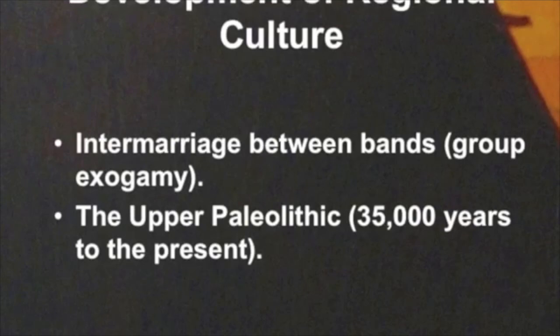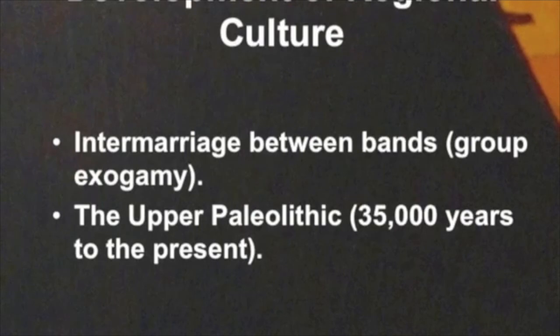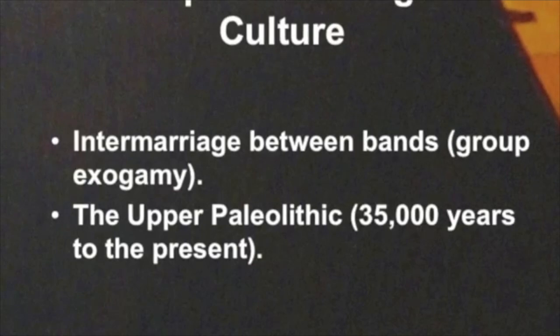This is a brand of social organization that is often referred to as group exogamy. Steward, like others, recognized that this tradition of seeking mates outside of one's natal group was a uniquely primatological characteristic.